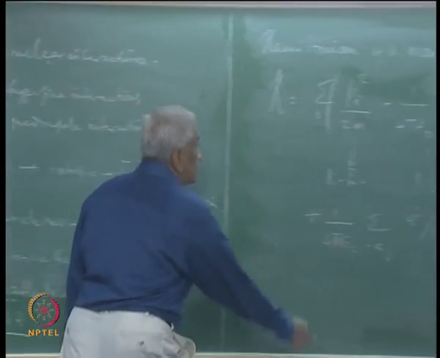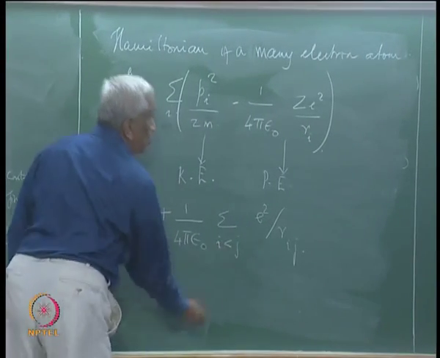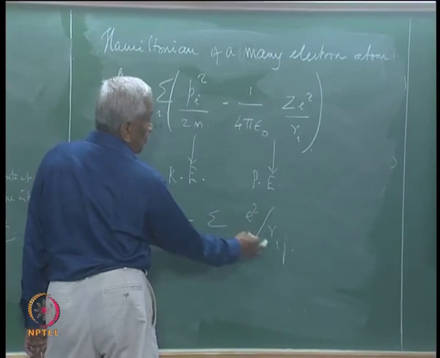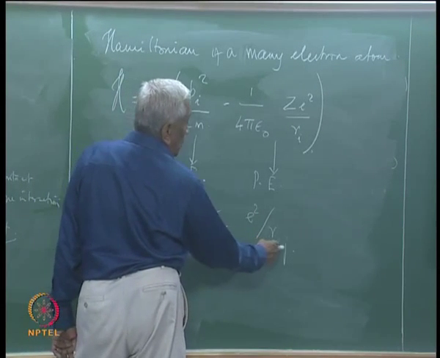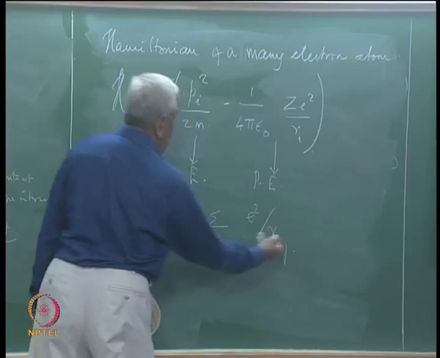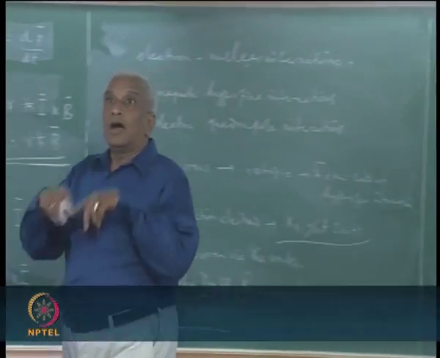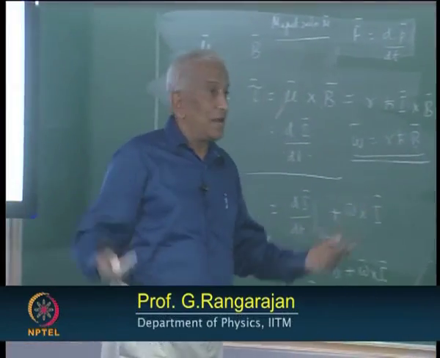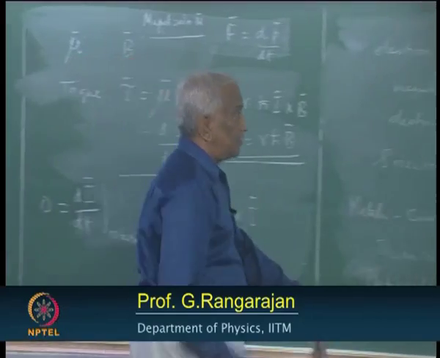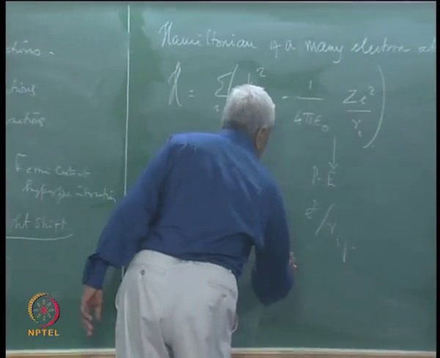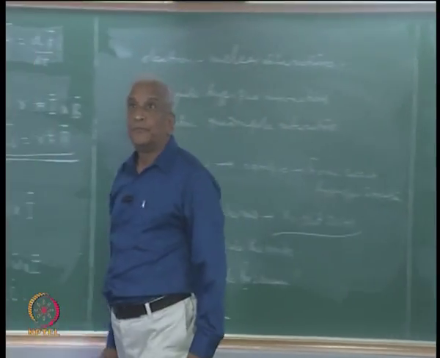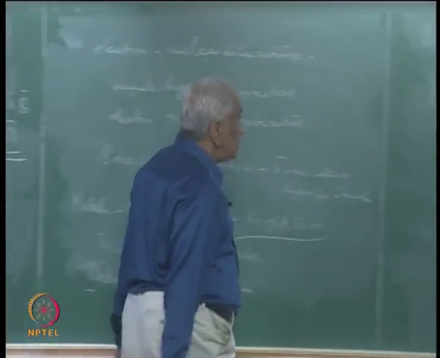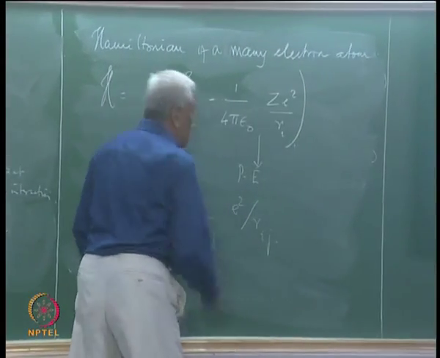I write i less than j because we do not want to count twice. This way we write R12, but we do not write R21. So, R12 and R21 are the same interaction, and we do not want to count them twice. So, this is a summation over all such pairs of interactions. So, this is the inter-electron repulsion.